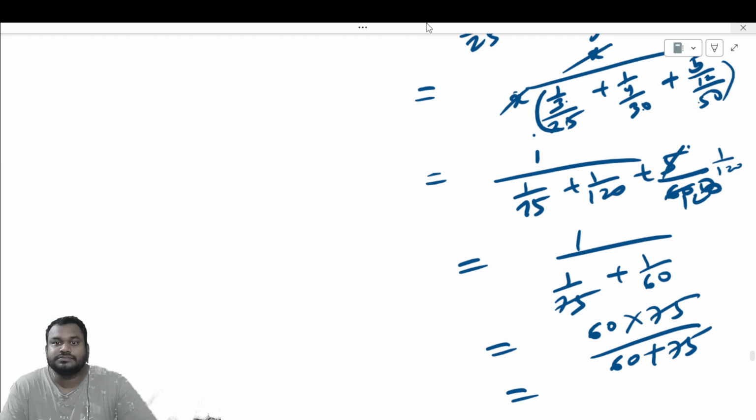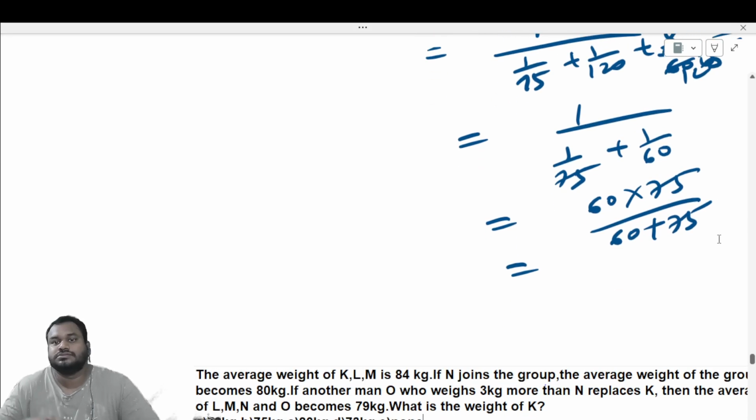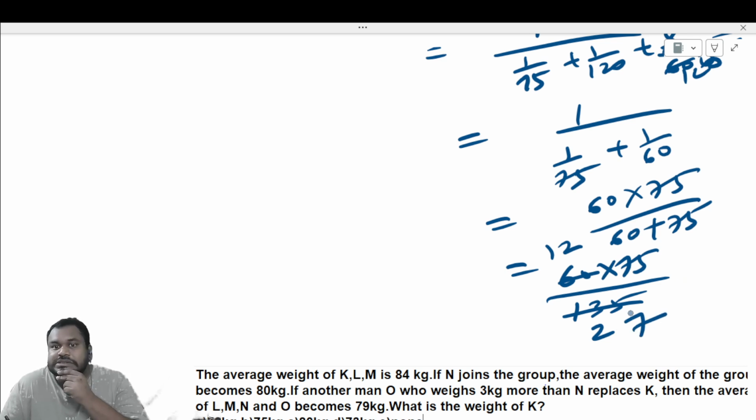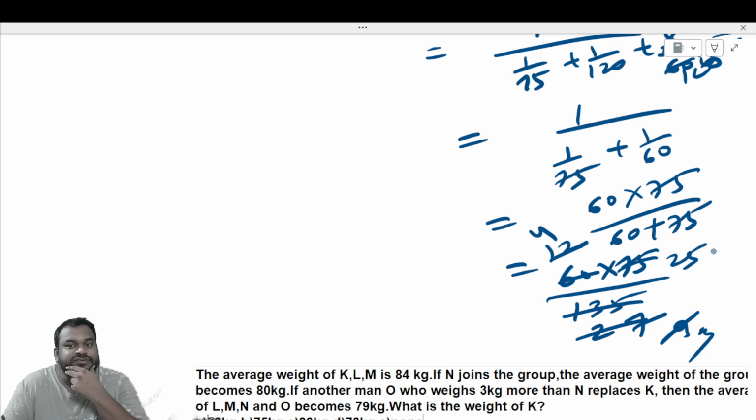So 60 into 75 divided by 135. 5 twos are 10, 5 sevens are 35. 9 threes are 27. Answer 33.3.